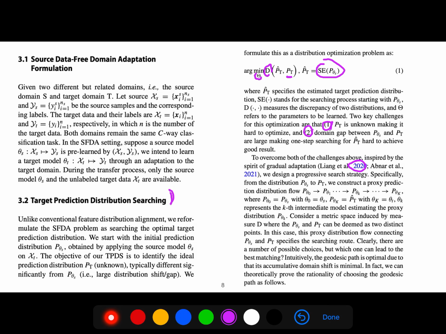Especially from the distribution P from the source to the target, we construct a proxy distribution flow where the start is just source theta s and the end is where you want to go, the target. So theta k is P of theta target.